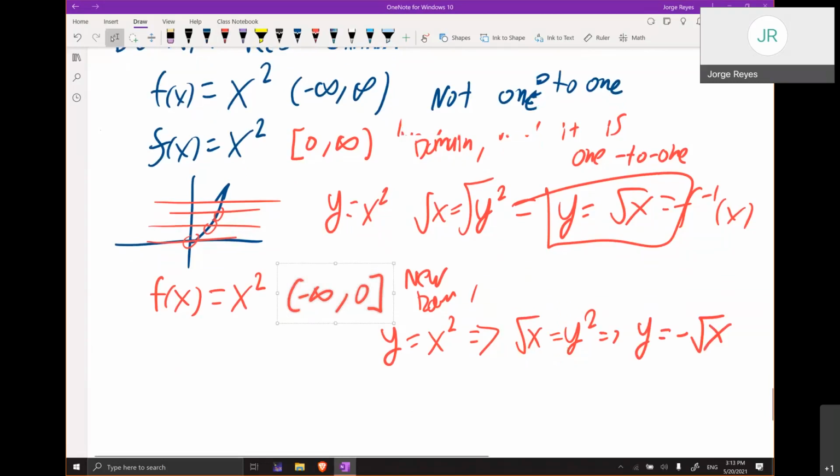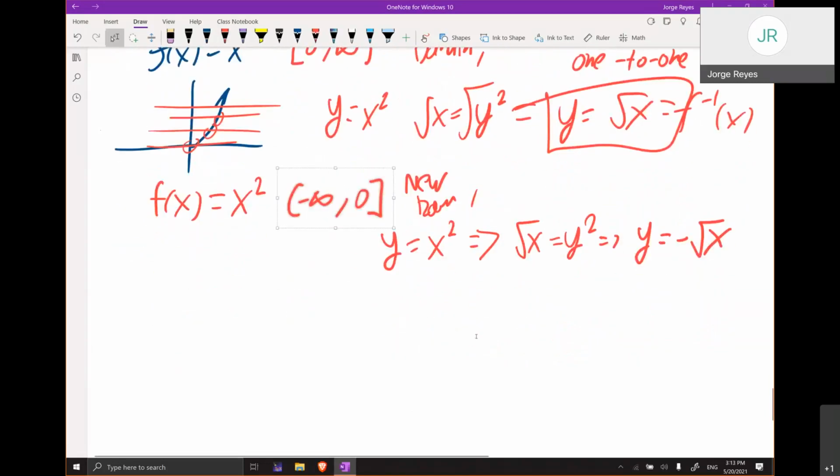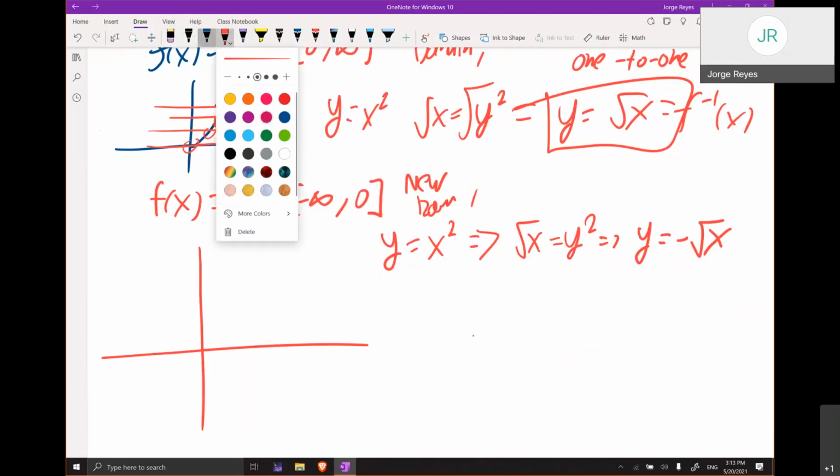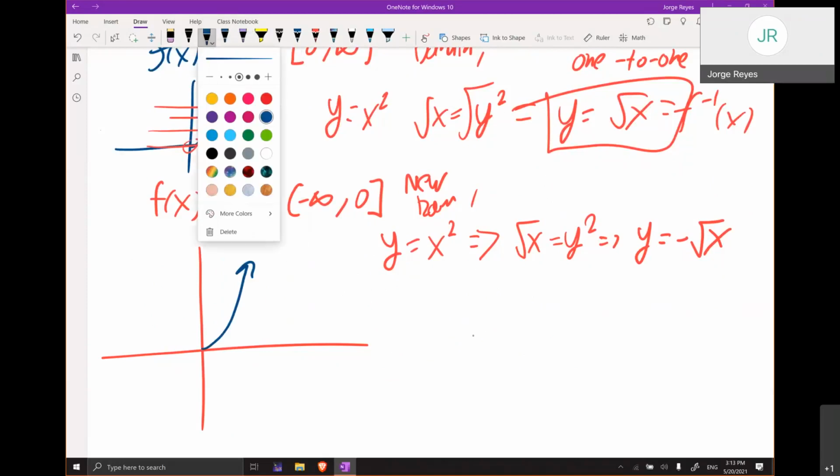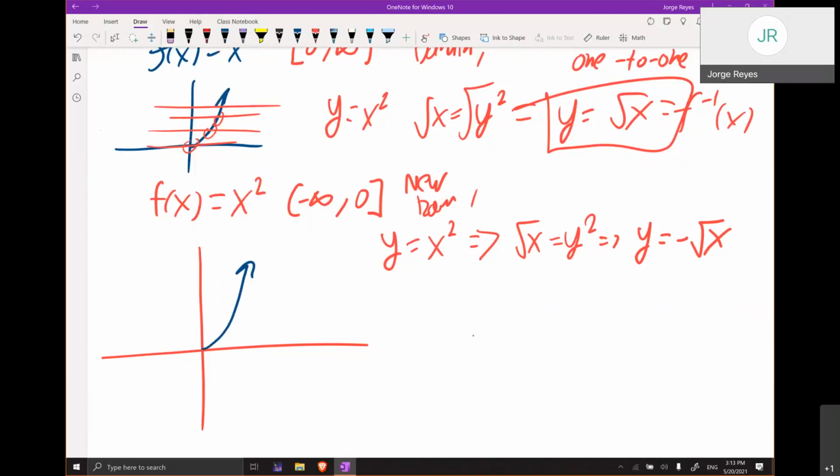Okay. And then now really the kind of most useless part is graphing these. Okay. So if I have x squared, it looks like this, then its inverse, right, is the square root of x, which looks like this.